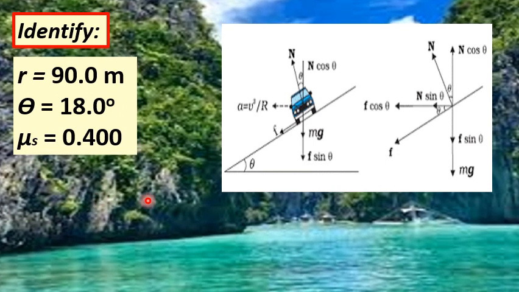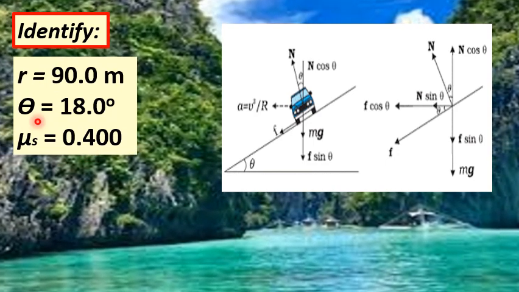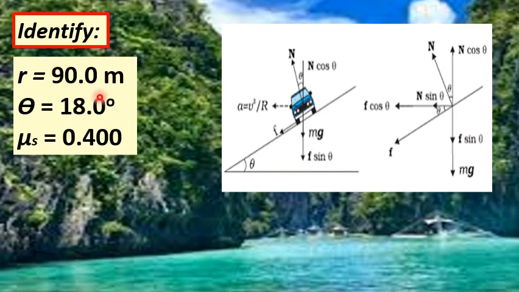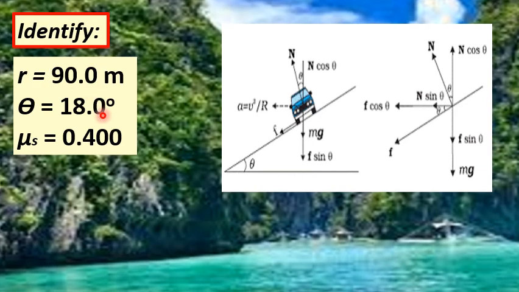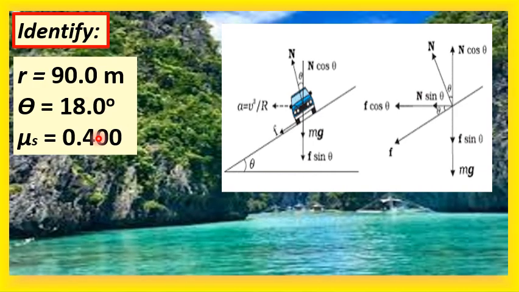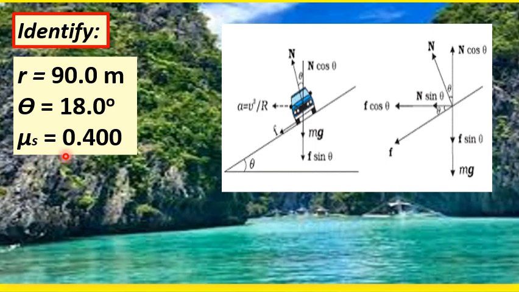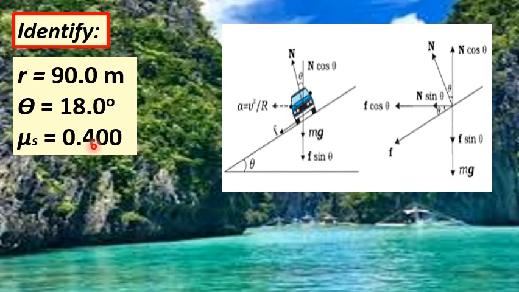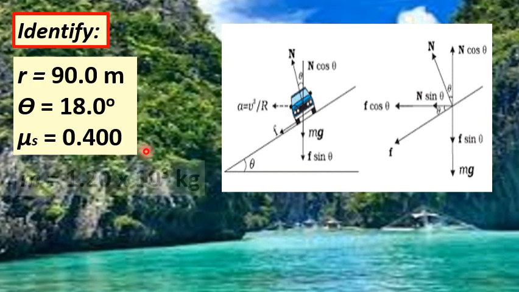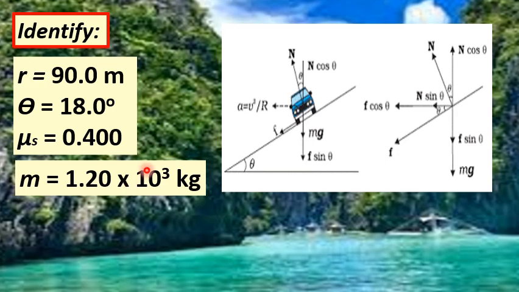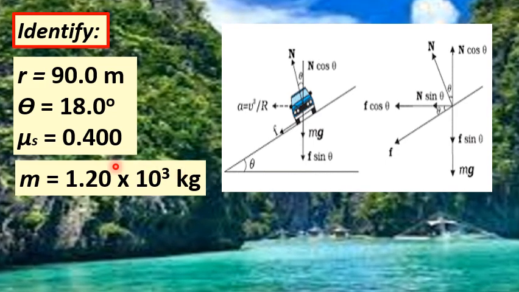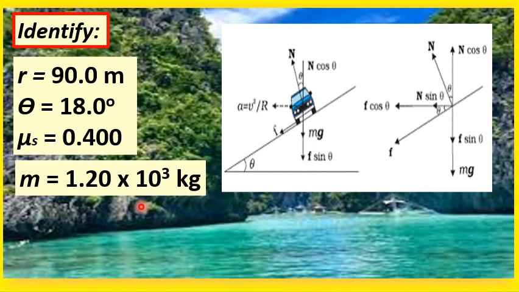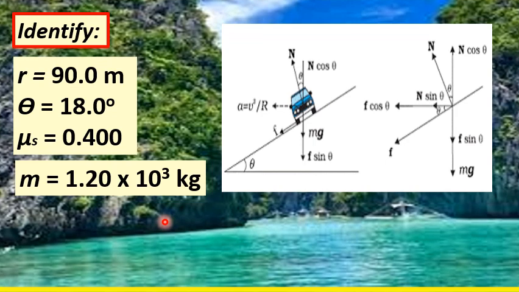The racetrack curve has a radius of 90.0 meters and the banking angle theta is 18.0 degrees. The coefficient of static friction, denoted by mu s, is equal to 0.400. The race car with a mass m equals 1,200 kilograms rounds the curve with the maximum tangential speed to avoid skidding.